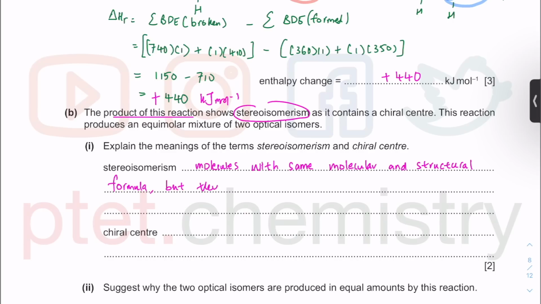They have a different arrangement of atoms or groups of atoms in space, in 3 dimensions.